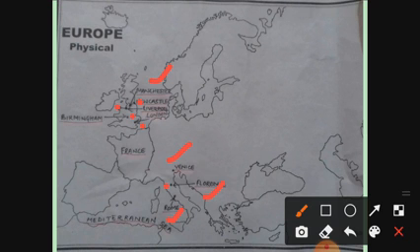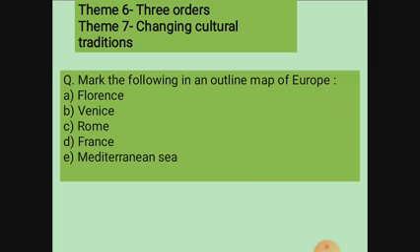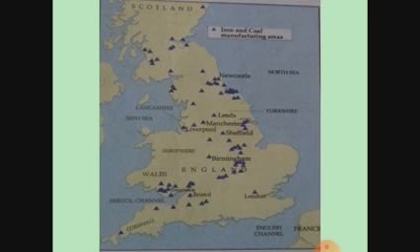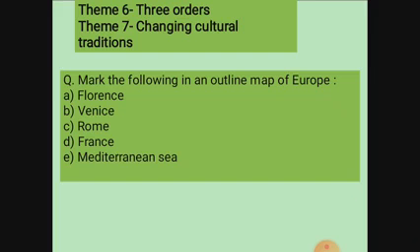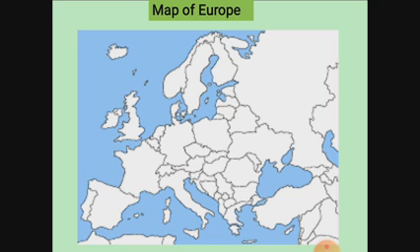This is very congested, because it's a very small nation if you see in the European map. So if it is not clear here, you can see this map also. It is given in the book. So at the end, these are the maps, map of Eurasia and Europe for your practice.